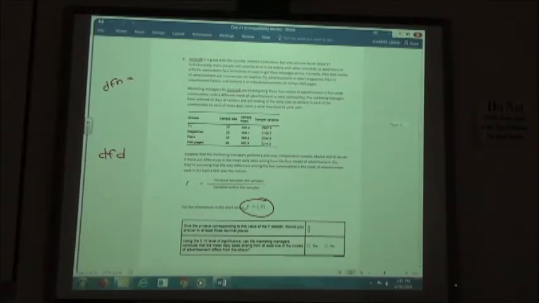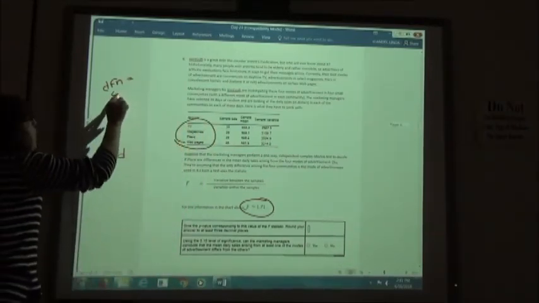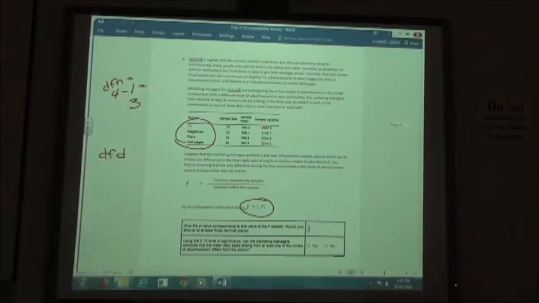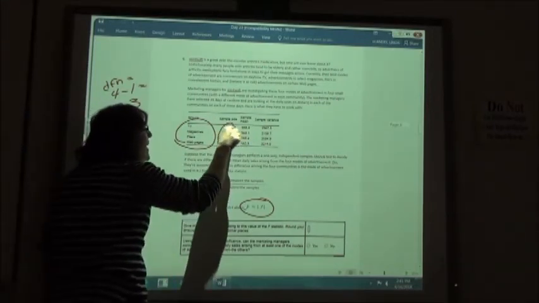So our degree of freedom in the numerator, again, we took the total number of groups, which was 4. We subtracted 1, so we have 3 degrees of freedom in our numerator. For our degree of freedom in our denominator, we needed our total sample size.